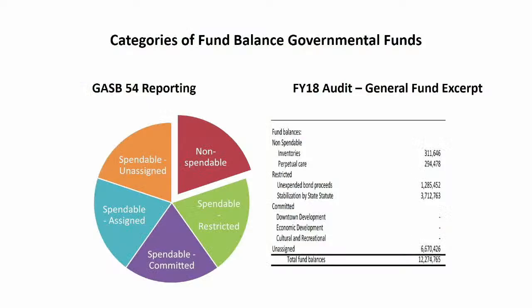There actually is some committed fund balance in the next column, and that has to do with your occupancy tax fund. Assigned is intended to be used for a particular purpose, but it is neither restricted nor committed. So you could set aside a pot of money in your fund balance for a particular purpose, but you can change your mind. It's the same thing with committed. The board would have to have a resolution to commit fund balance, but it would also have to have a resolution to uncommit it if it wanted to release those funds.